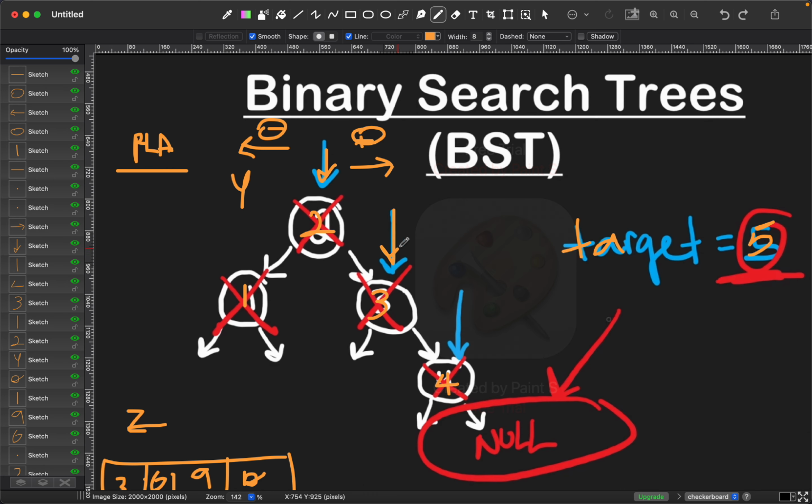It asks the question again: is it a plus or a minus? Your target is bigger, so go towards the right side and point towards here. Same thing, ask left or right. Obviously you want the right one, but this time it points towards a null, and you return to the system that you don't have the target value.